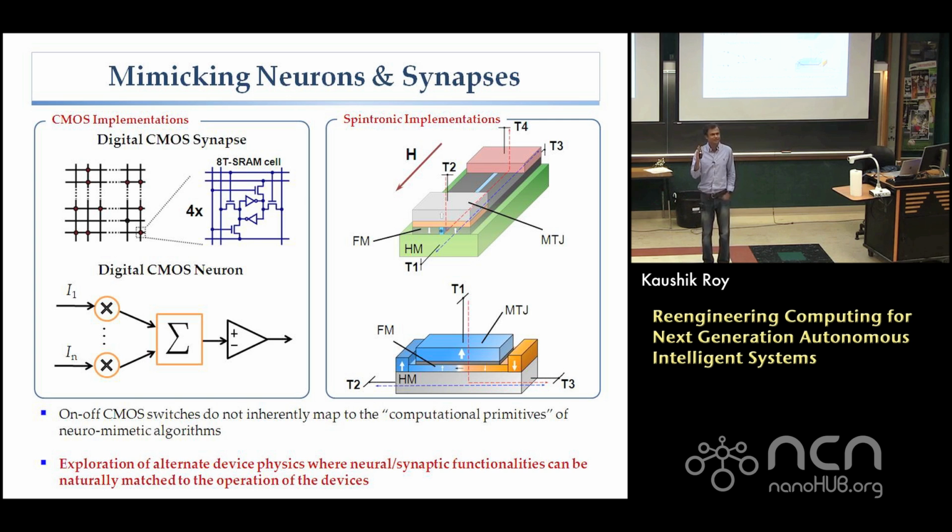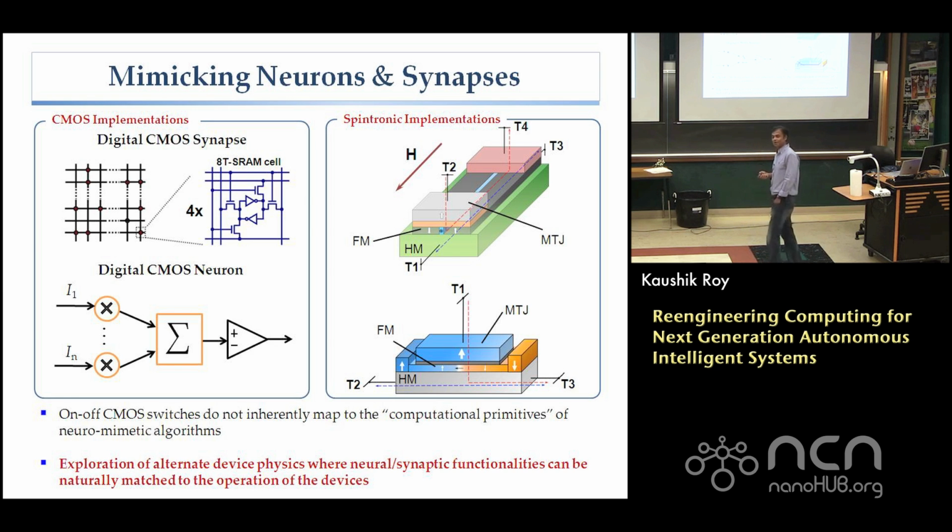Anybody? So if you use CMOS technology, it turns out that you need a good number of transistors to do that functionality. However, in the brain, we have one device to represent it. Here, this will require hundreds of transistors.